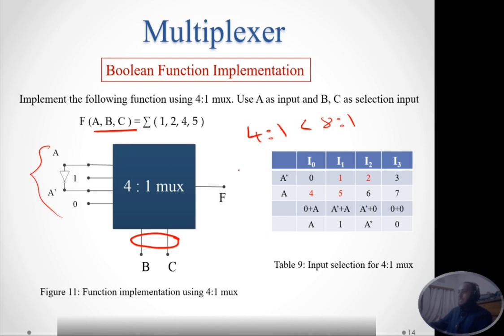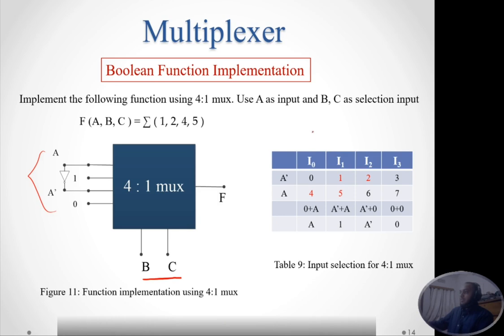And for using that input as the inputs of the 4:1 mux, we need to draw an input selection table for that input. For example, here I have used B and C as my selection inputs and A as the inputs of the 4:1 mux. So I need to draw an input selection table for A.